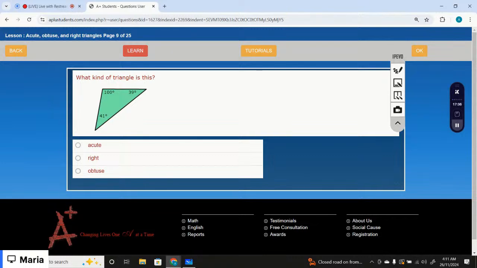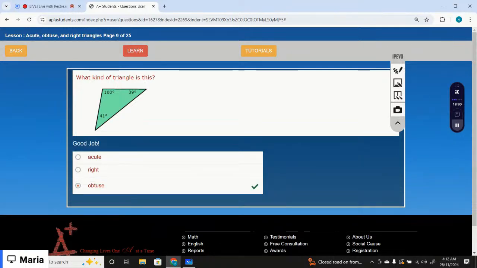So which is the correct option? The correct option is obtuse triangle, because one of the angles is more than 90 degrees, so that is the obtuse triangle.